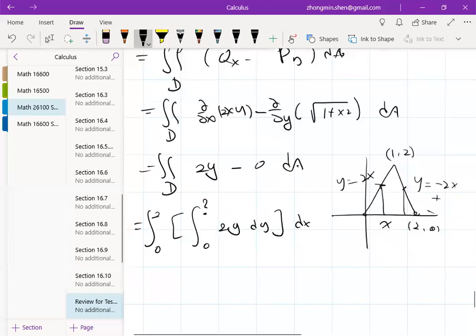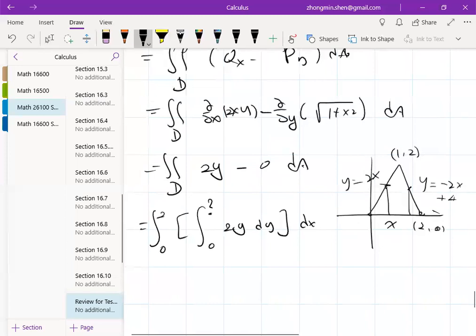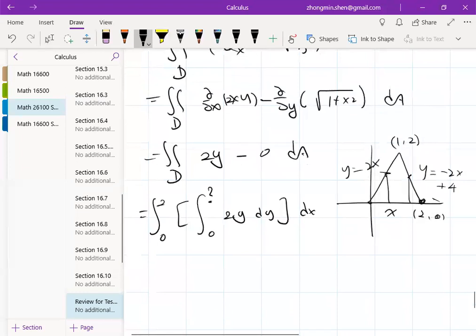What is the number? When x equals 2, you should get 0, so I should add 4. I know the slope is going to be negative 2, but I have to figure out the constant, so it should be 4. When x equals 2, the y value is 0. That matches. So now I have 2 integrals. For x from 0 to 1, y is from 0 to 2x, 2y dy.